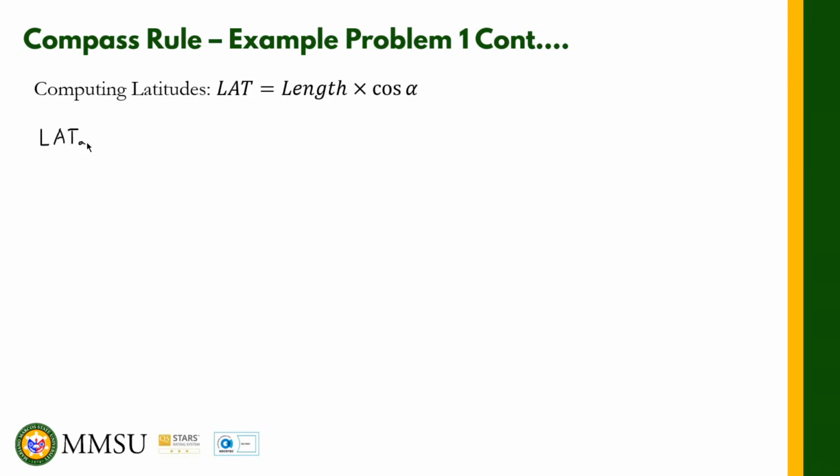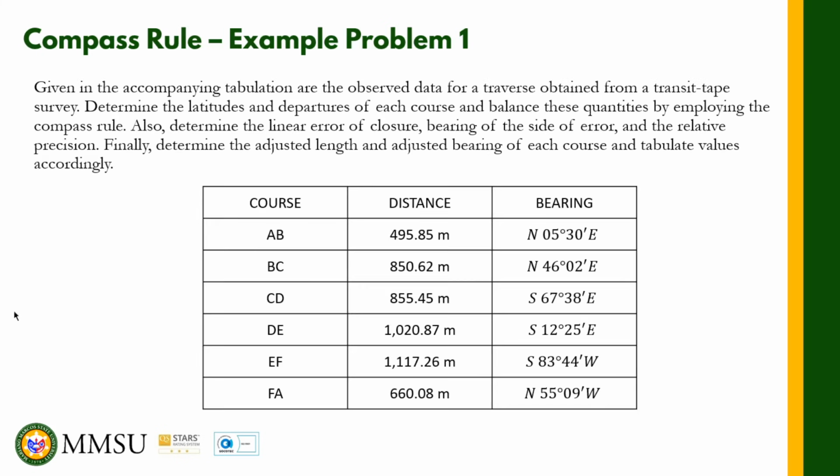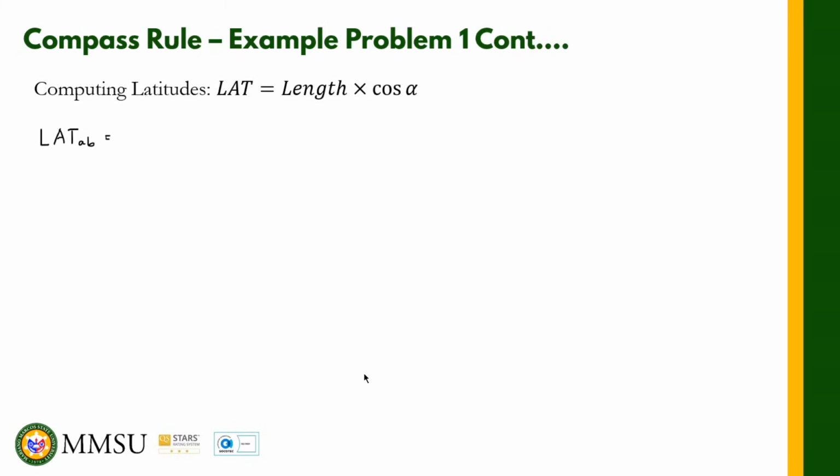Okay, for the latitude of AB, the distance AB is 495.85 multiplied by the cosine of 5 degrees 30 minutes. Since north ito, positive yung magiging sagot natin.